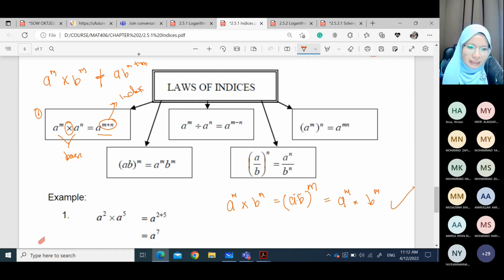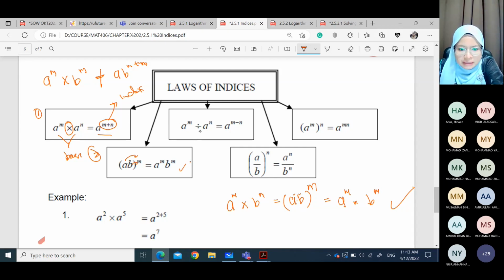Yang atas ni tak boleh, sebab base dia berbeza. Alright, itu satu. Yang kedua, yang tadilah A, B, the whole thing to the power of M. It means that A to the power of M and B to the power of M.